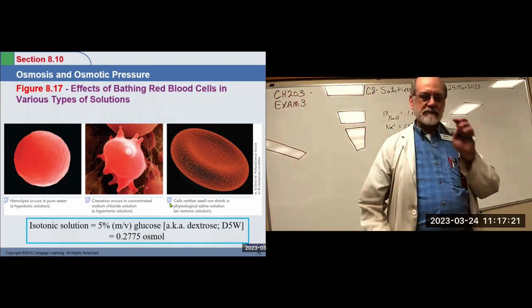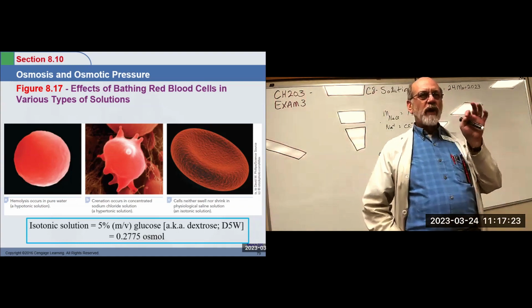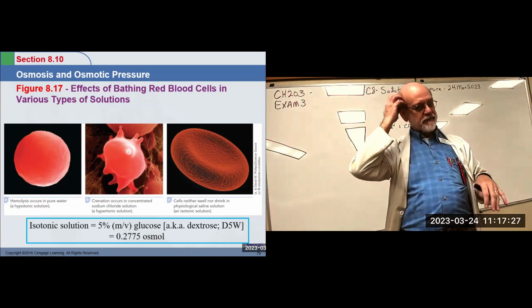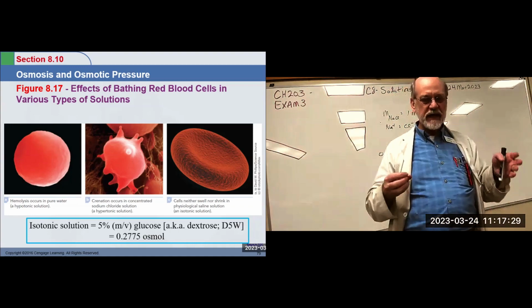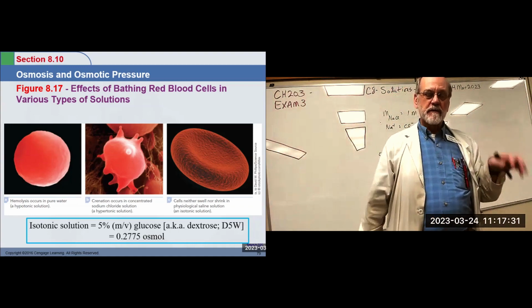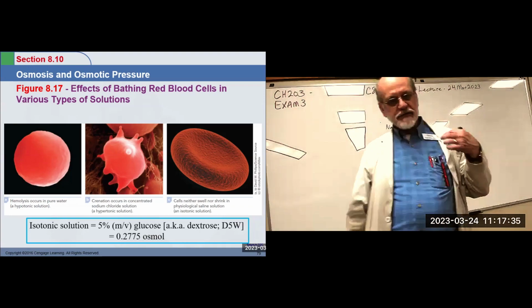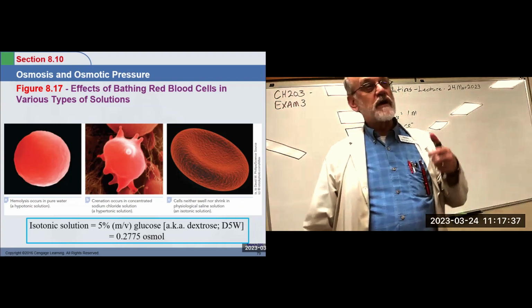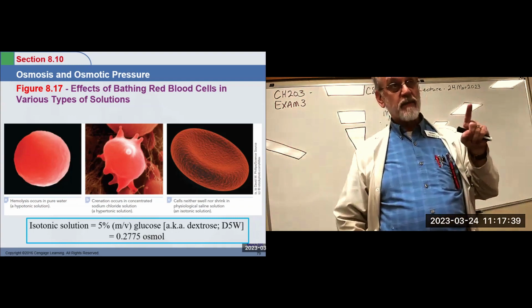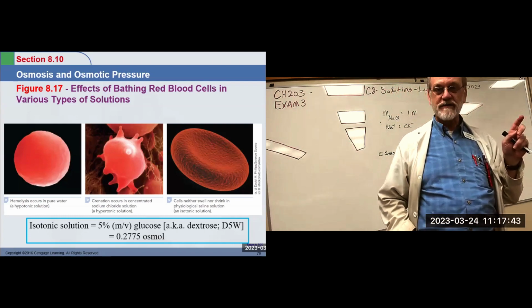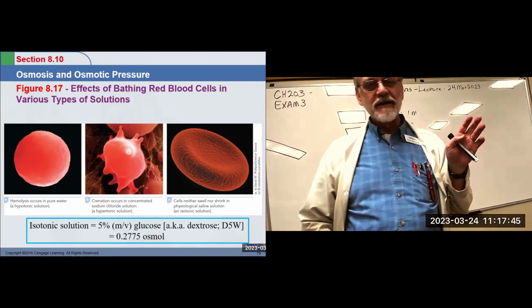Now, 0.9% sodium chloride is roughly isotonic. That's as close as we can get. Emergency medical techs have this solution that they use on non-diabetic patients. If you have a diabetic patient, you can't use a sugar solution, right? You can send them into shock.